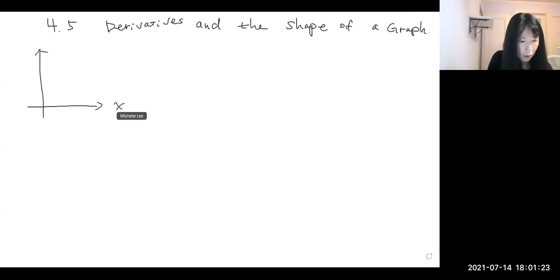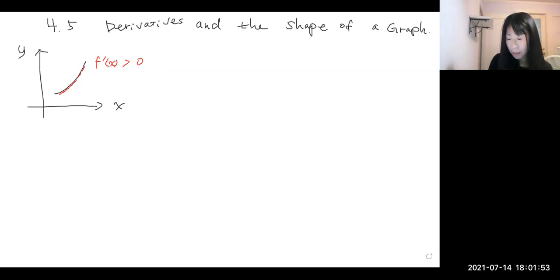This is x, this is y. Look at this function. Okay, then look, I'm drawing the slope, right? So we call this f prime of x is greater than 0, right?